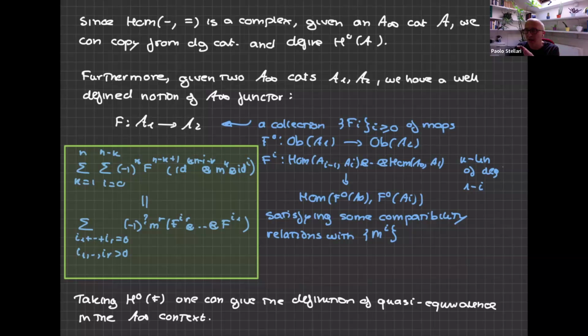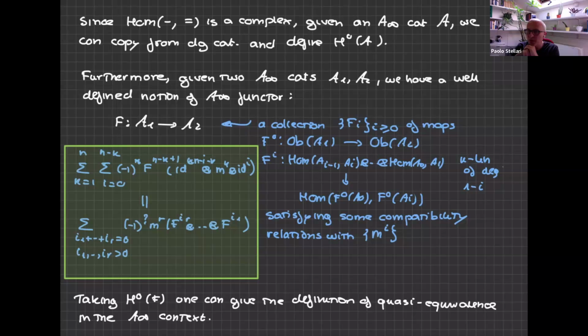I can take an infinity functor, and since the morphisms in the two infinity categories form complexes, just look at m_1. Then I can look at the induced map between the complexes of morphisms, and I just require that they are quasi-isomorphisms. And then I can look at the H0, and then we can require that it is essentially surjective. Thank you. Okay.